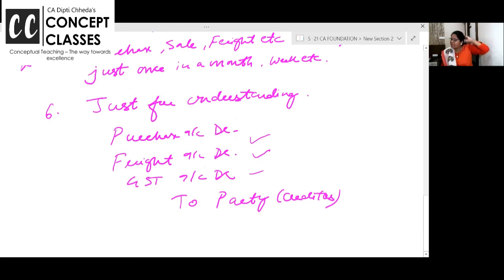So what I'm making you write is common points. You can use it for writing purchase, sale, all these entries. Posting, एक ही बात करोगे. पार्टी को तो आप तभी के तभी क्रेडिट करोगे, because you have to maintain all the details.